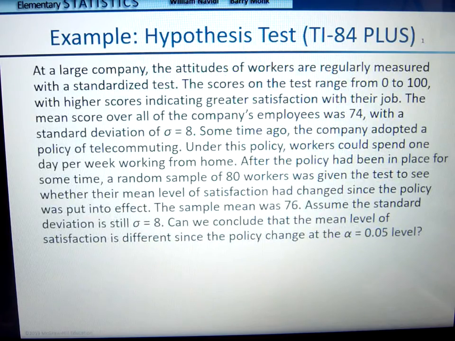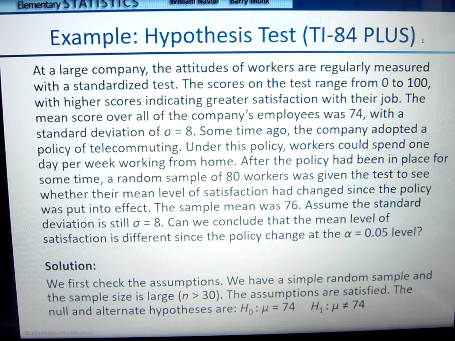So here we have that same example with the company's attitudes, and we're going to assume that the standard deviation is still 8. Can we conclude that the mean level of satisfaction is different since the policy changed at the 0.05 level? Yes, we check to see if we have our assumptions and everything's good.